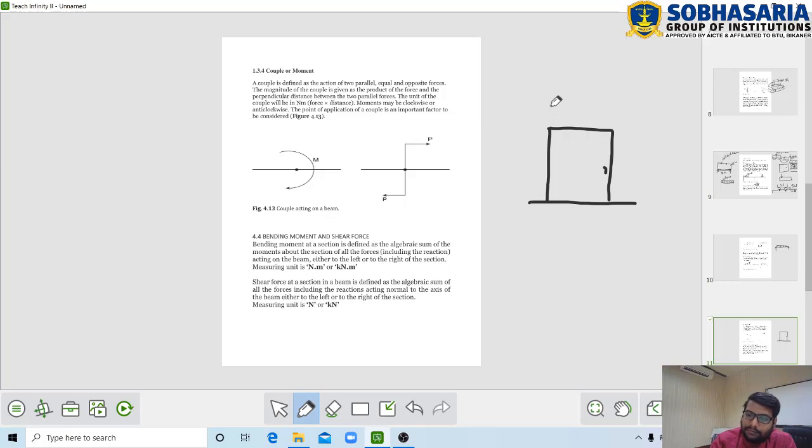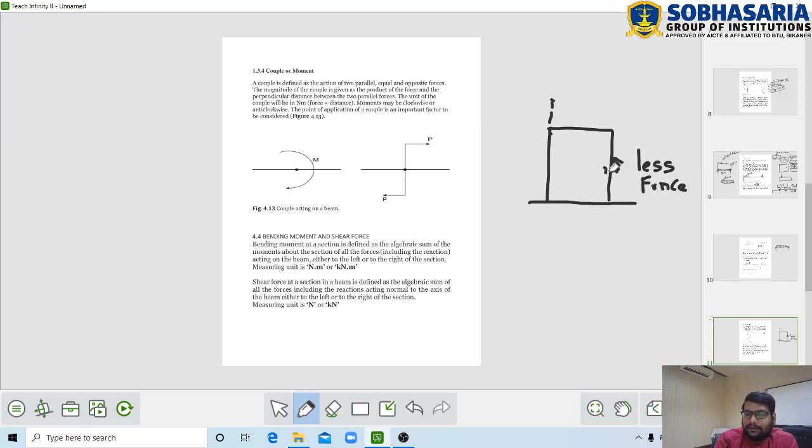If you try to open the door from the far edge, that is, if you push the door from the right corner of the edge, you will need less force to open the door.